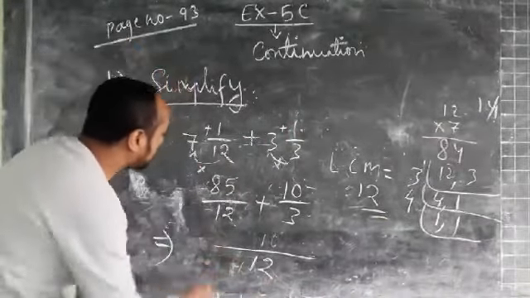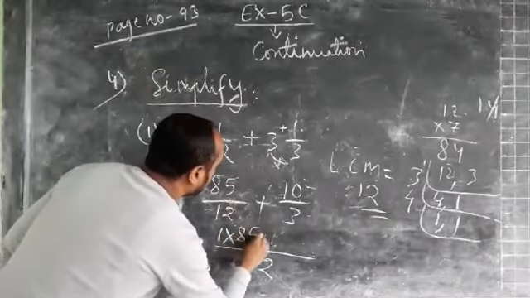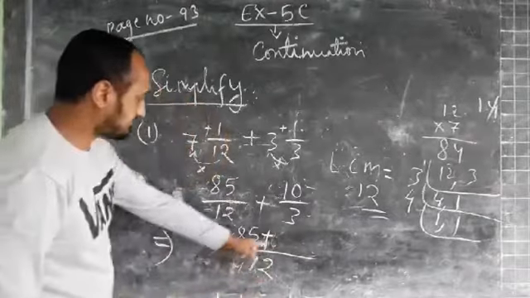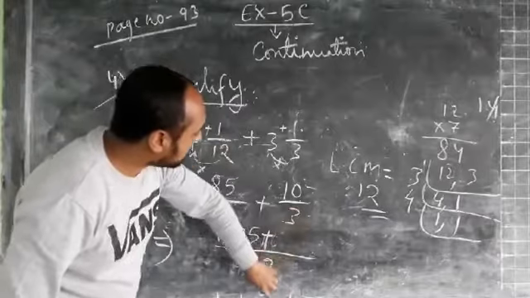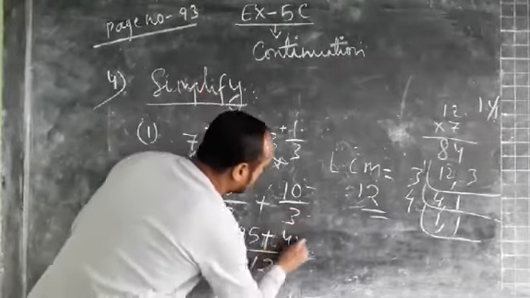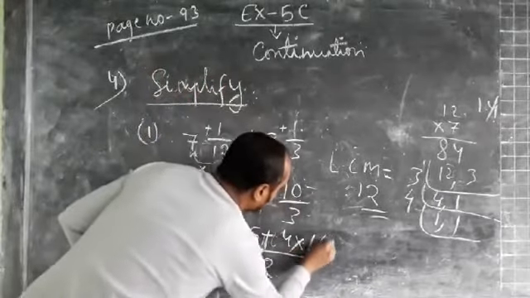So 12 1s are 12. 1 into whatever we have in the numerator, 85, plus this 12 again we have to divide it by 3. So 3 4s are 12. 4 into whatever we have in the numerator we have to write it here.